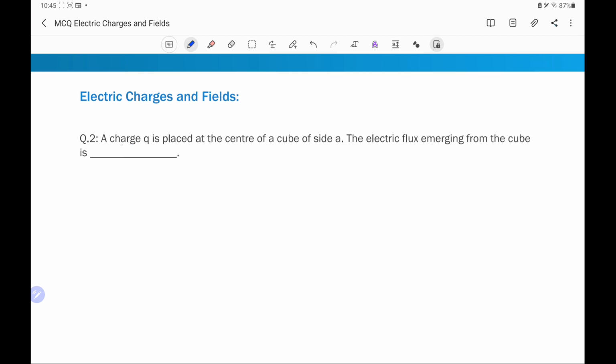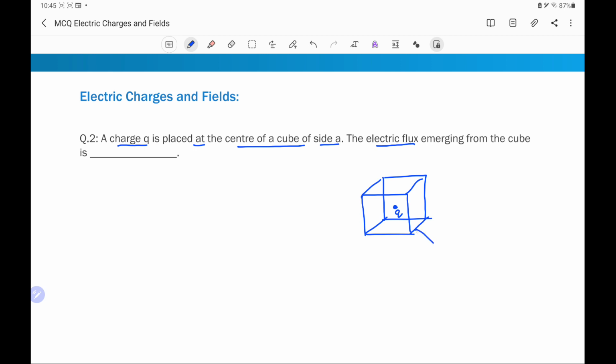Next question is: a charge Q is placed at the center of a cube of side A. The electric flux emerging from the cube is? Suppose we have a cube and one charge q is placed at the center of this cube.